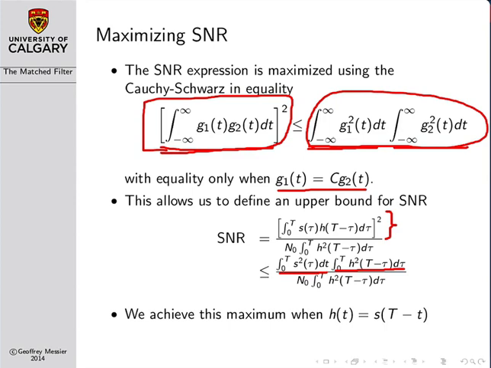And we achieve this maximum when the filter is equal to the signal within a slight modification, basically a flipped and shifted version of the signal. You'll notice also that when we separate this out, we can cancel those two terms in the numerator and the denominator, and the upper bound on our signal-to-noise ratio is just equal to the integral of the square of our desired signal, which is just our signal energy, divided by N0.